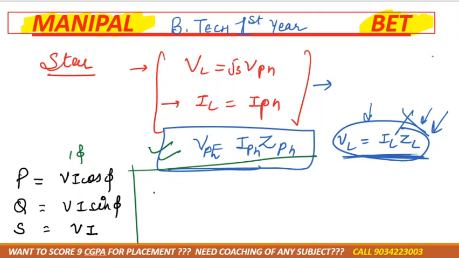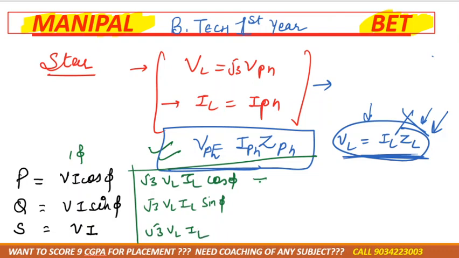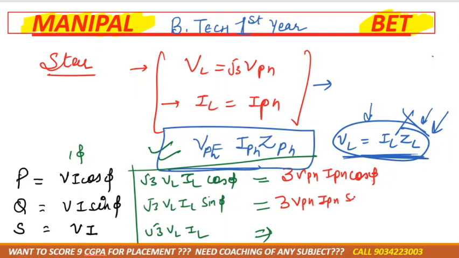For the three phase, the formula is √3 VL IL cos phi, √3 VL IL sin phi and √3 VL IL. Or if we want to calculate in terms of phase, then in that case the formula is 3 VPH IPH cos phi, then 3 VPH IPH sin phi, and then 3 VPH IPH.